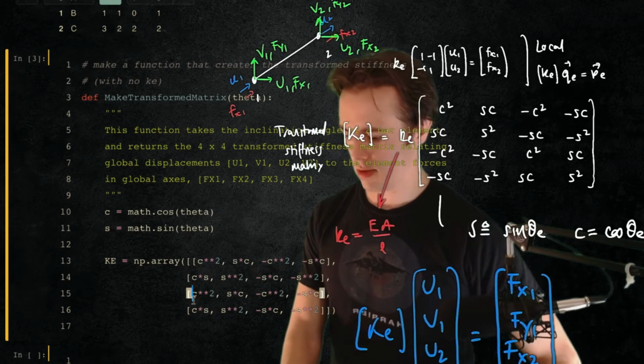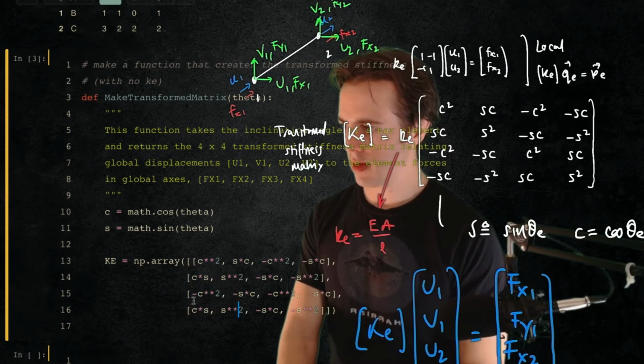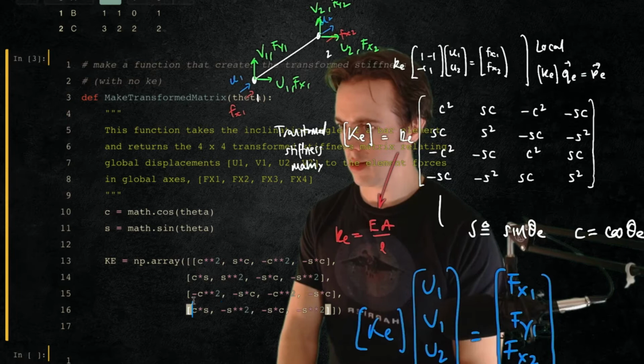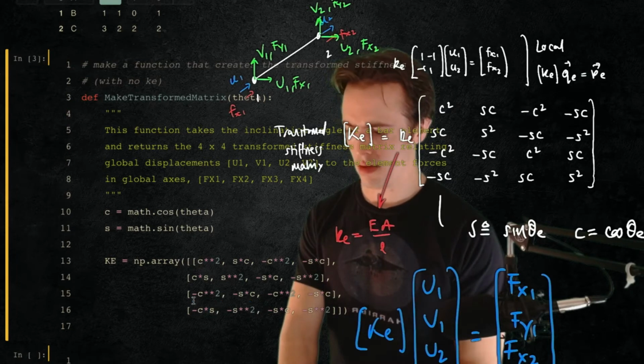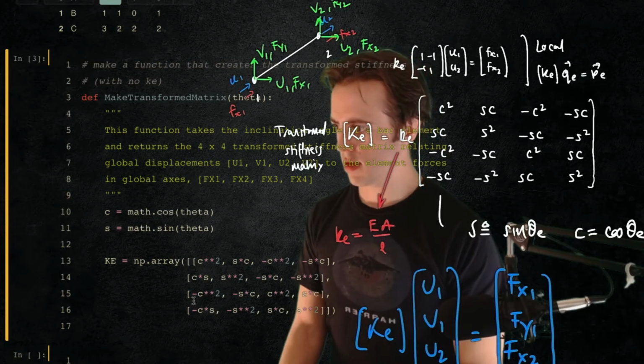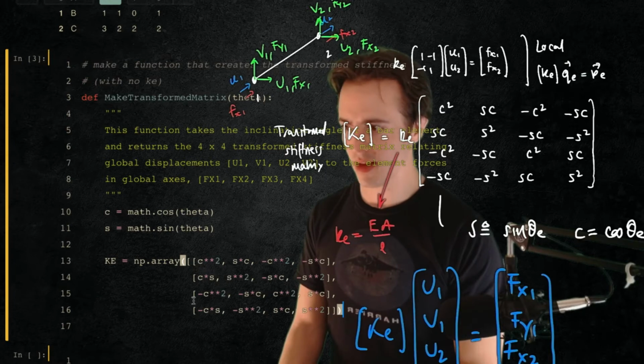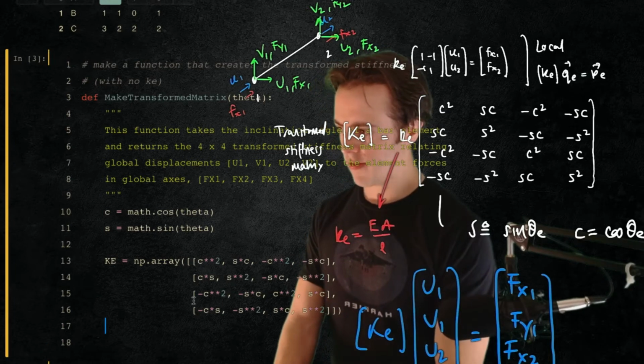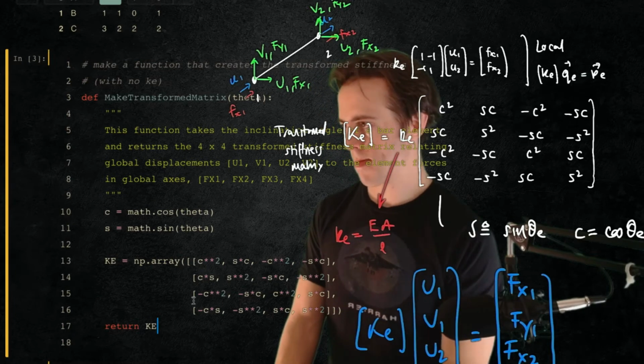So minus, minus, minus, minus. These now become positives. And then just for consistency, I will space these over so it looks better. That should be good. And then this function just needs to return k.